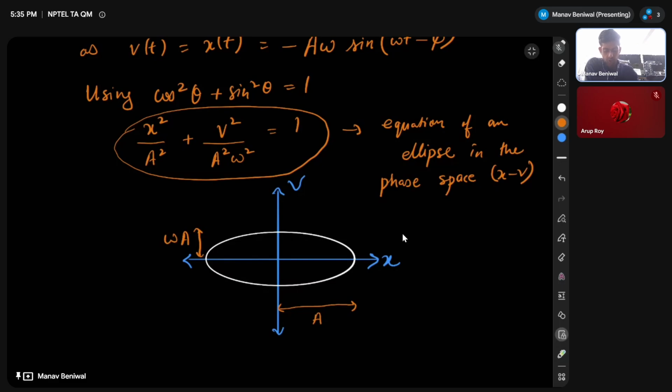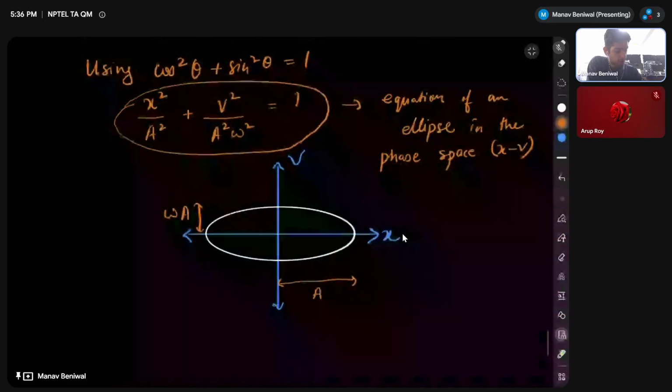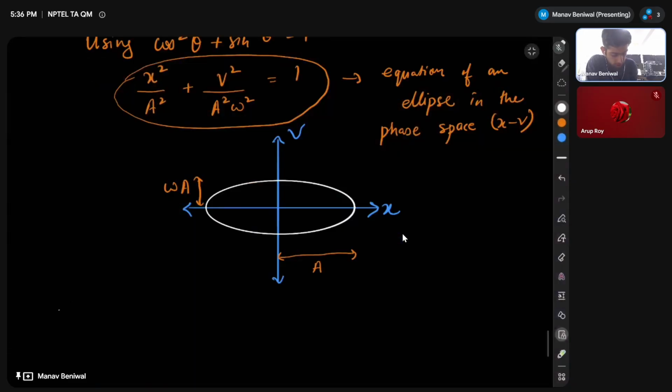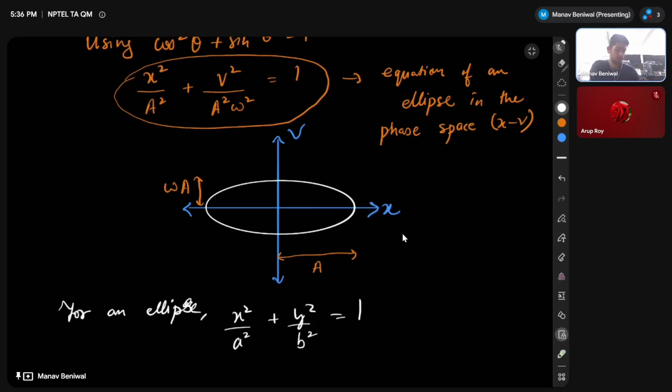Now generally for an ellipse, the general equation is x squared by a squared plus y squared by b squared equals 1, and the area of this ellipse is simply pi times a times b.